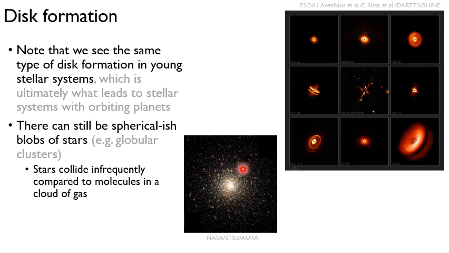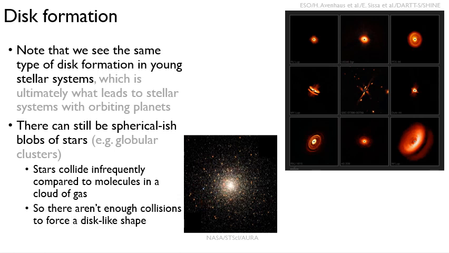So once you get some stars near each other, they can be in this blob, and they're not really going to ever collide. It's not like you have stars colliding to form a disk. They're more or less never going to interact. So this little spherical thing of stars can still exist.